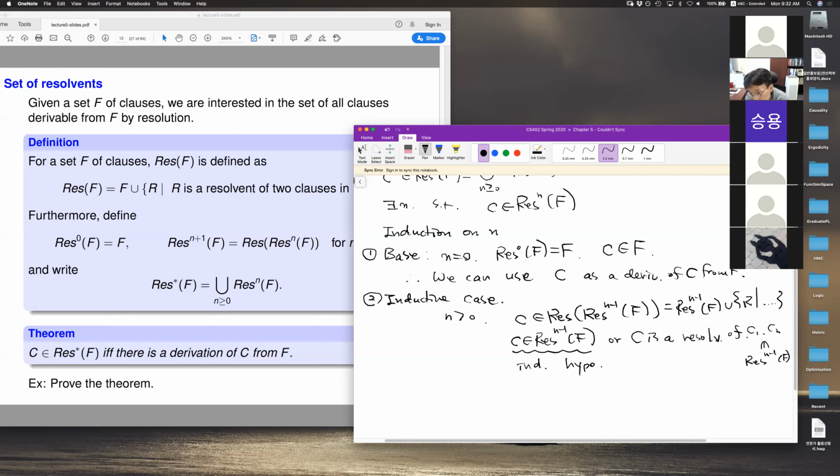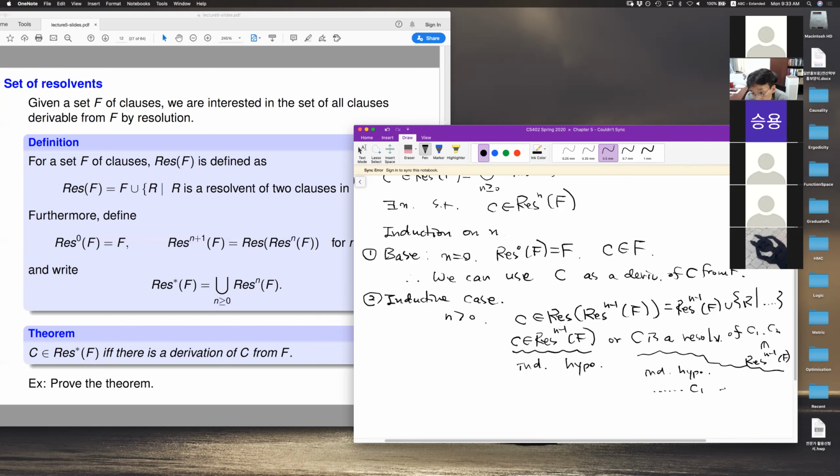In the second case, we again use the induction hypothesis. The induction hypothesis says there is a resolution proof of C1, which is a sequence of clauses where the last one is equal to C1, and each step is either an assumption or derived by the resolution proof rule.